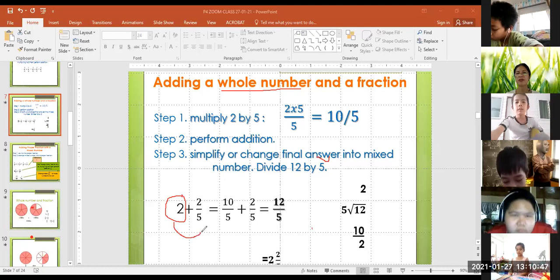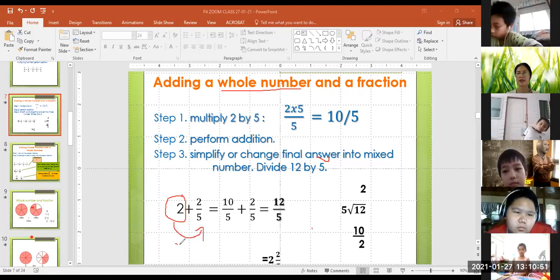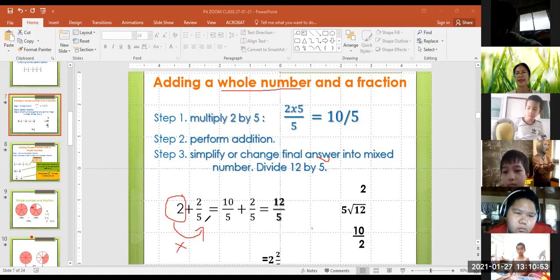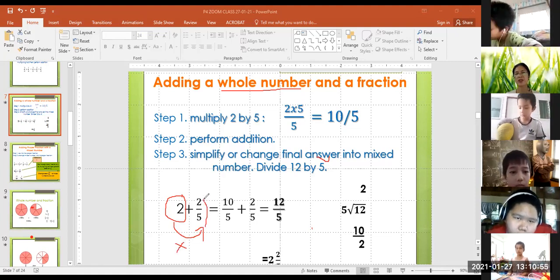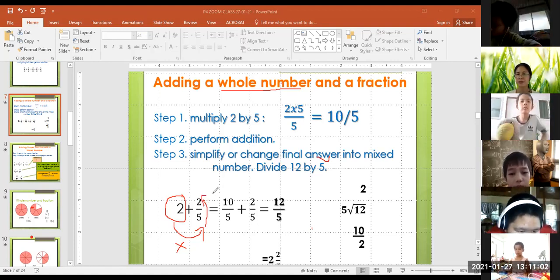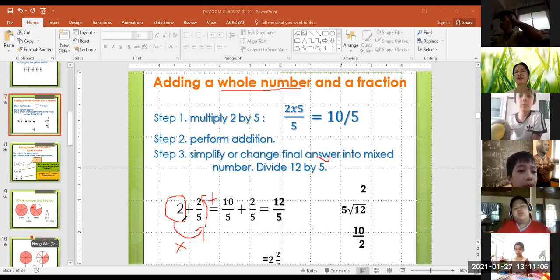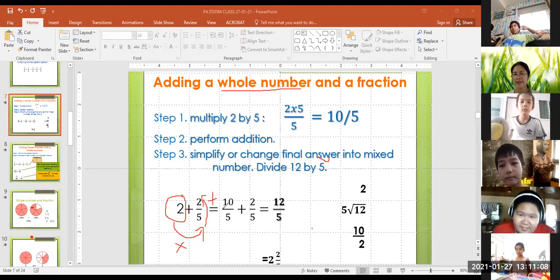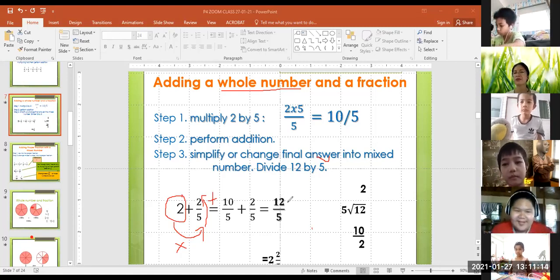You have to convert it into a mixed fraction. So that is multiply, and then you're going to add 2. So you get 2 times 5 is 10. So you will have 10/5 plus 2/5. Now you are ready to.